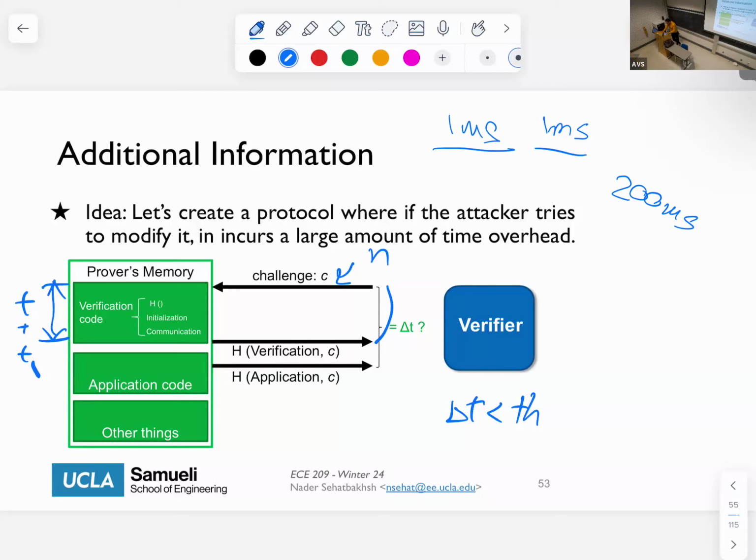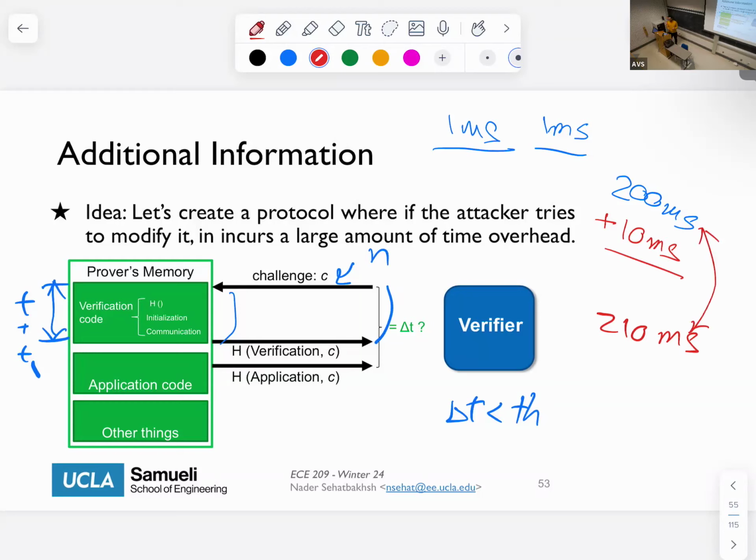So I need to design this protocol such that if the adversary tries to do something else, that would result in some non-negligible time, maybe like 10 milliseconds at least or more, such that the time it takes for computing the response would be something like 210 milliseconds, which is obviously much bigger than the 200 milliseconds that I have here.